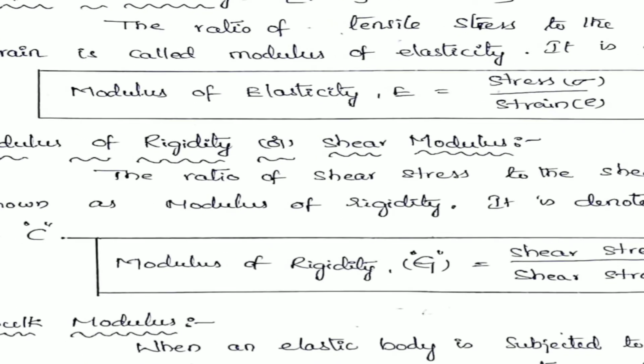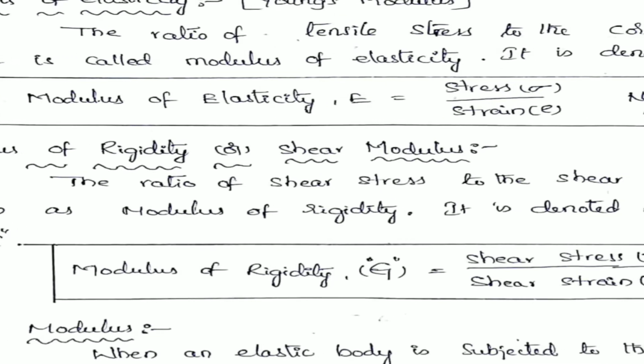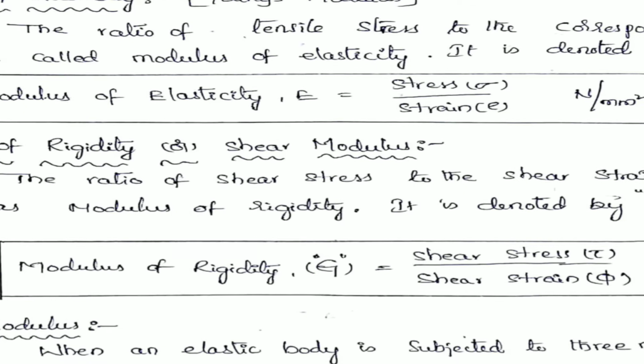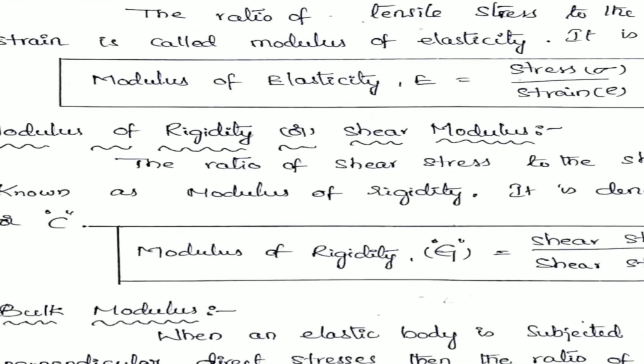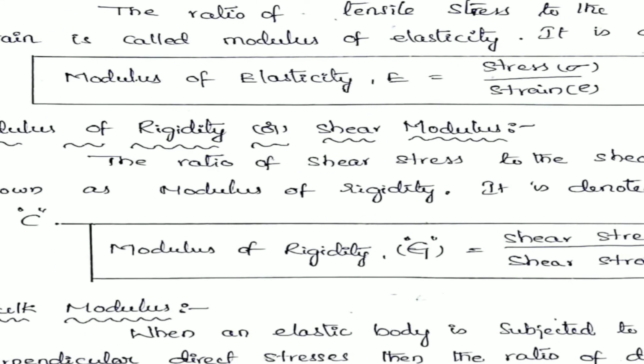Next important formula, modulus of rigidity or shear modulus. What is the modulus of rigidity? The ratio of shear stress to the shear strain is known as modulus of rigidity.